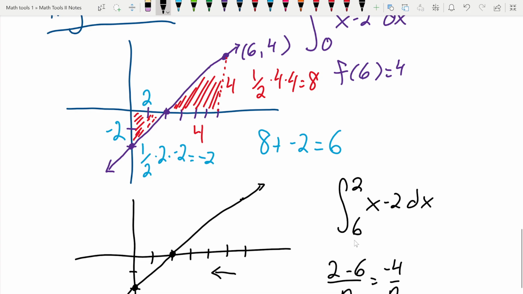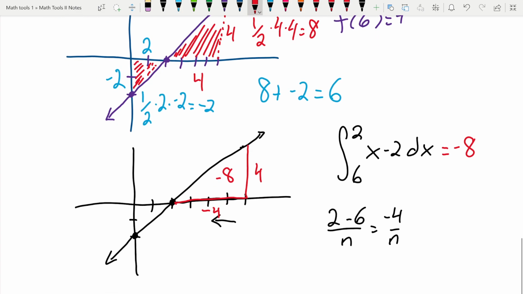We do need to pay attention to the order of the limits of integration, because this is going to be a negative area now. The width is -4 and the height is +4, so overall the area is -8 for this one.